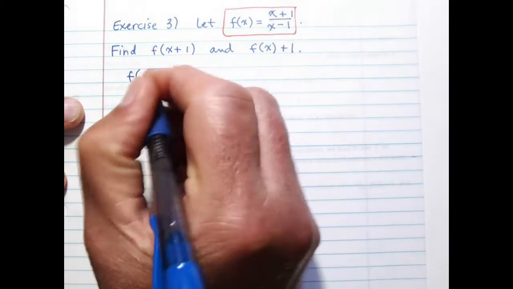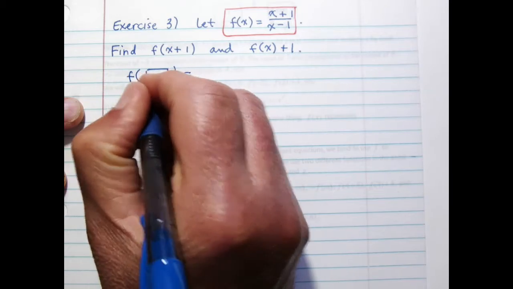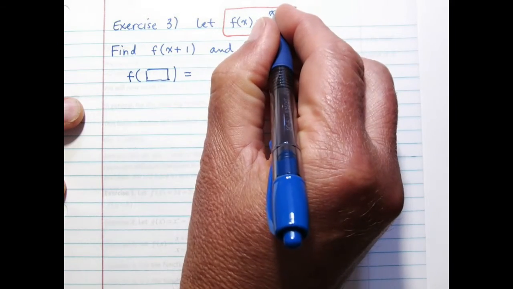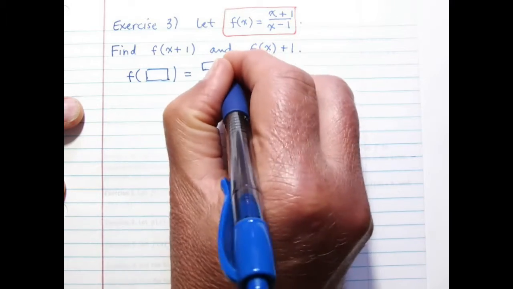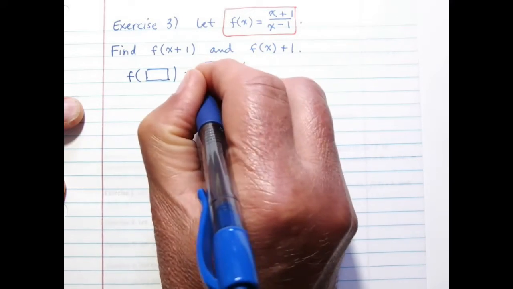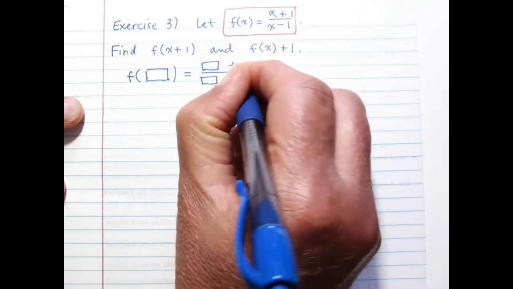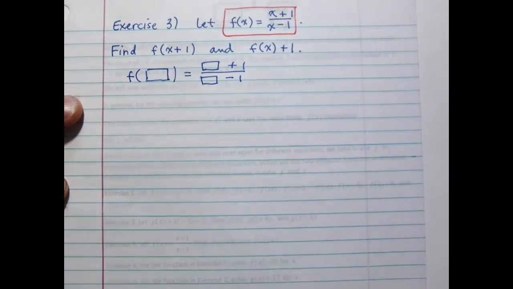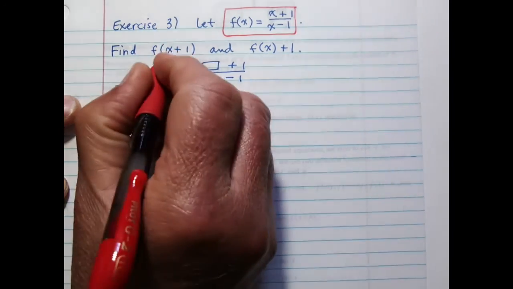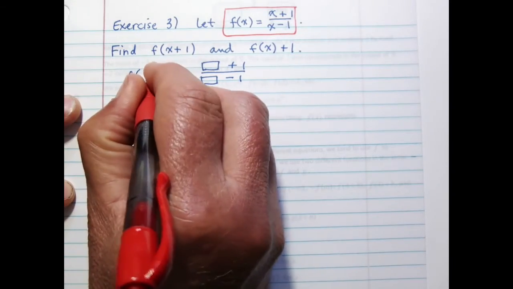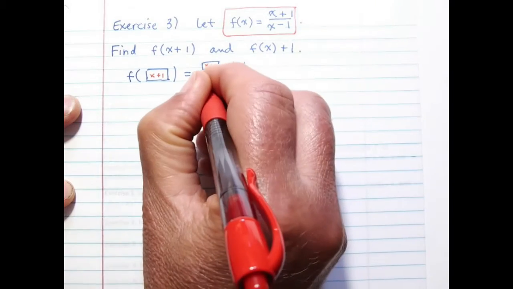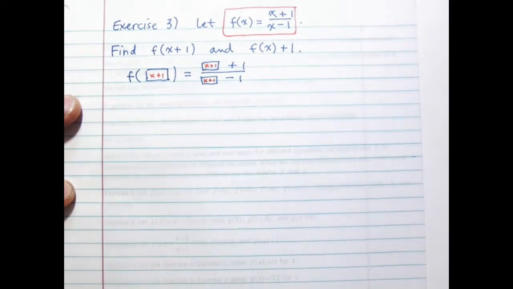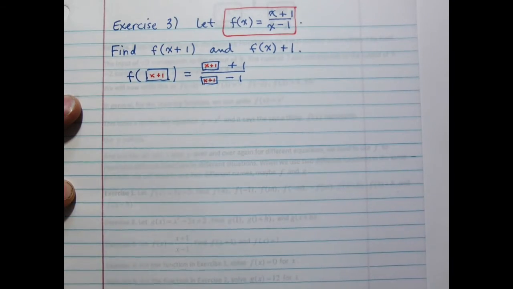So for this function, f of box, f of whatever is in parentheses, I'm replacing the x with a box. It would be (box plus 1) over (box minus 1), right? If I happen to have x plus 1 inside the parentheses, then the x plus 1 goes up here, and the x plus 1 would go down there also.